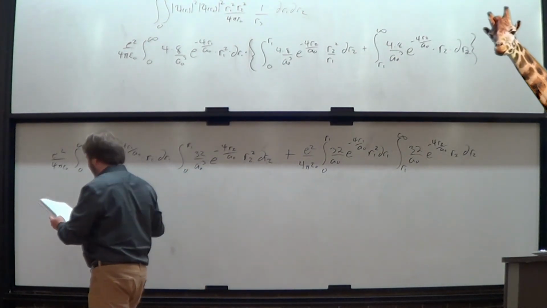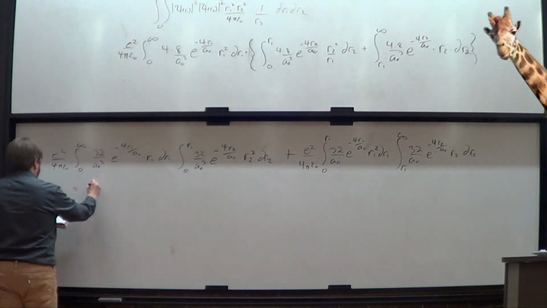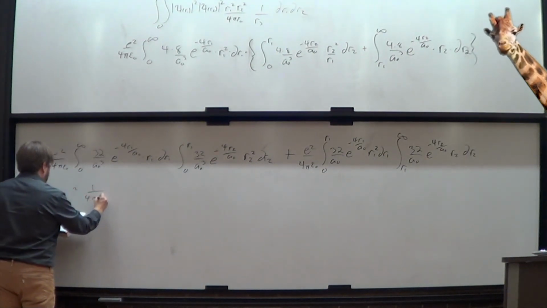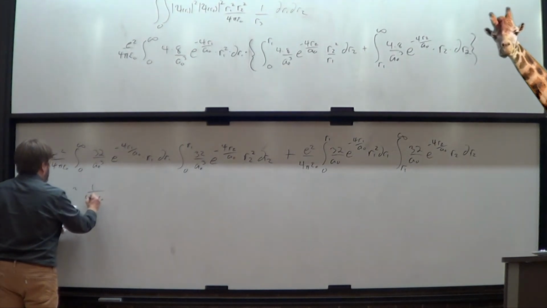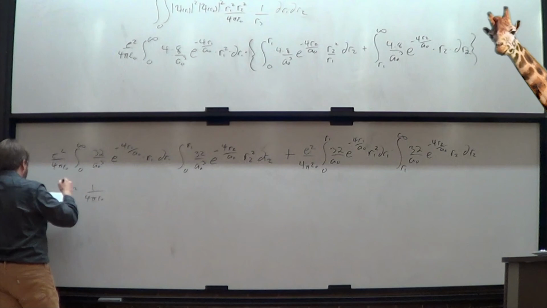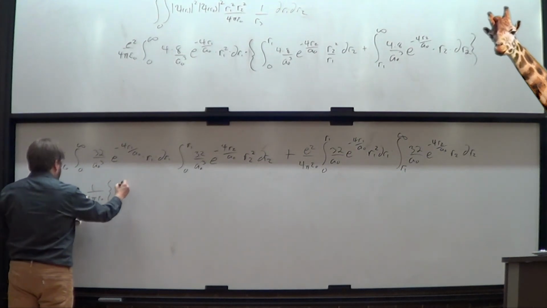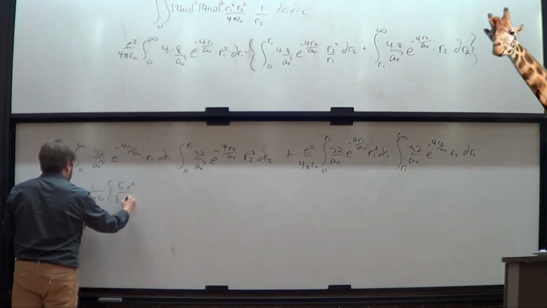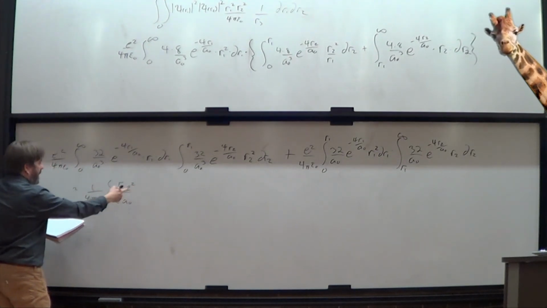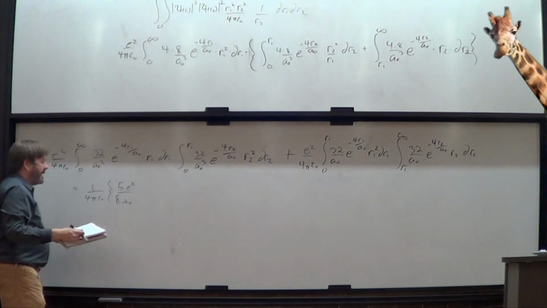Do the Mathematica. What you end up with is, now heads up, when you look this up, you will almost never see 1 over 4 pi E naught. People like to simplify things. Charge of an electron. You literally just see 5e squared over 4 over 8a naught.